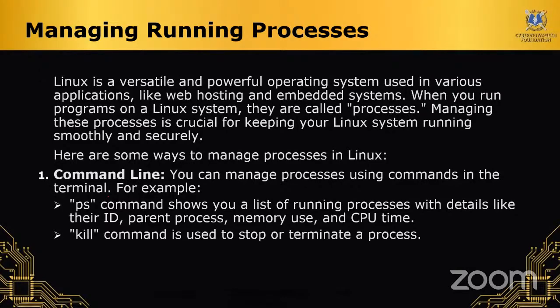There are some common signals we can give with the kill command. These are SIGTERM, which will terminate the process gracefully. It allows the process to clean up its resources and then exit.